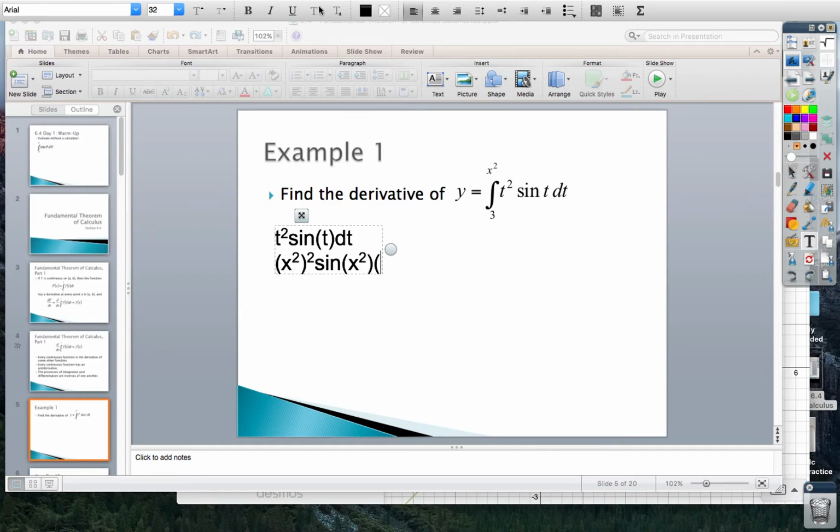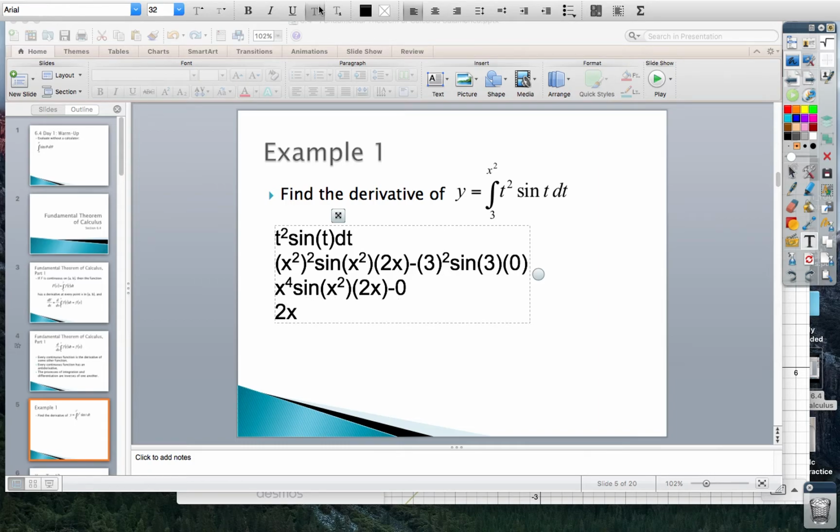This is where we multiply by the derivative. The derivative of x squared is 2x, minus 3 squared sine of 3 times the derivative of 3, which is 0. So we're really just left with x to the 4th sine of x squared times 2x, because the rest becomes 0 when you multiply by 0.